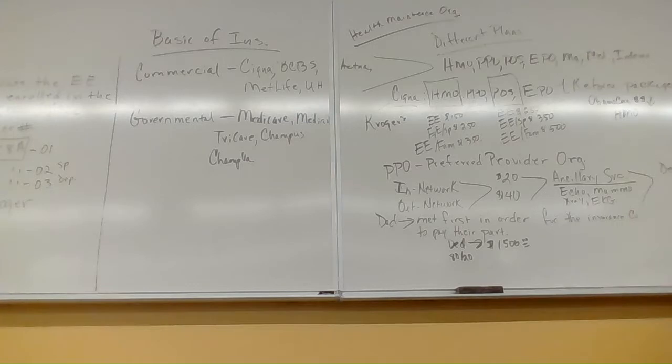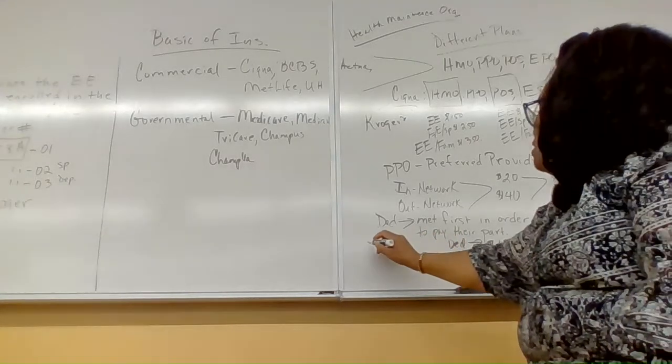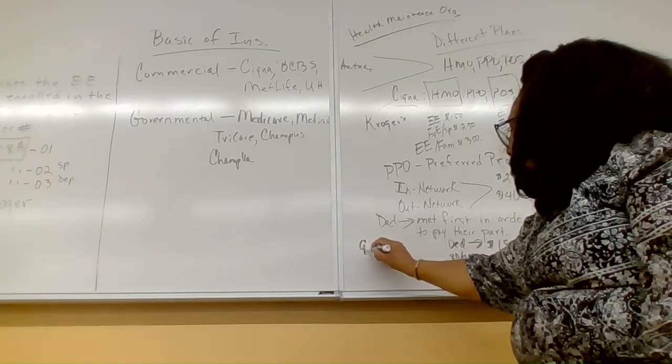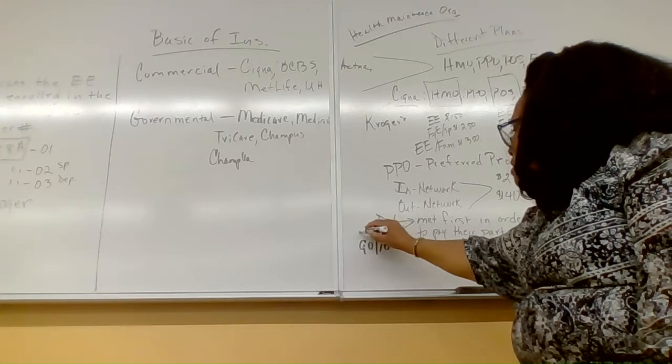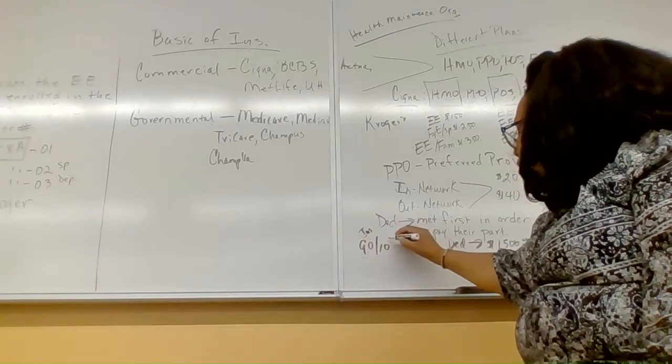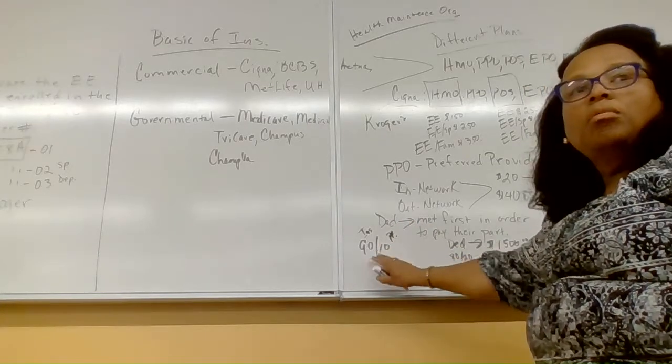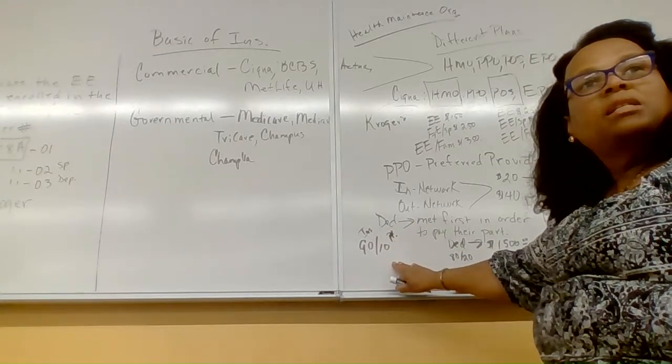Does everybody understand that? Okay, so now if I say that the insurance policy plan may say 90-10. This is the insurance payment. This is the patient's responsibility of payment. 90%. All the patient pays for that visit is 10% of the charges.